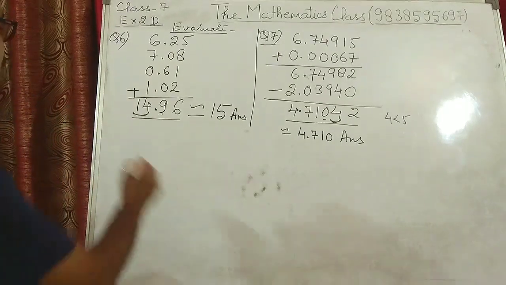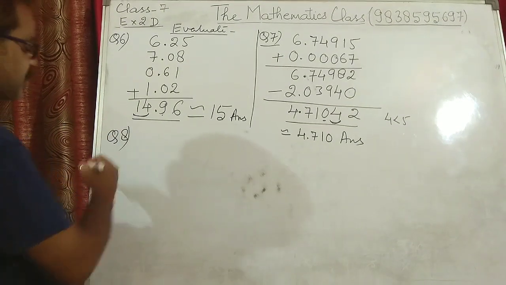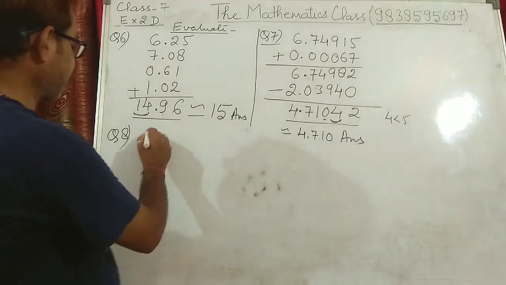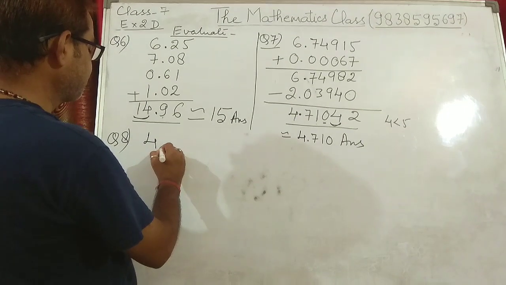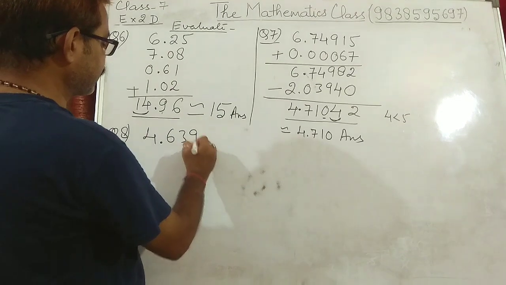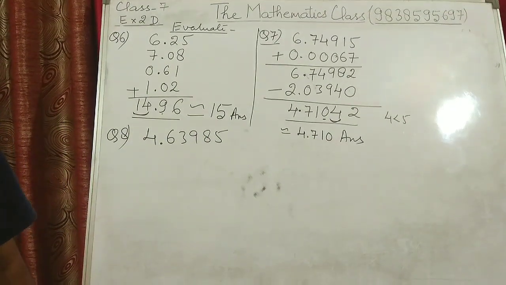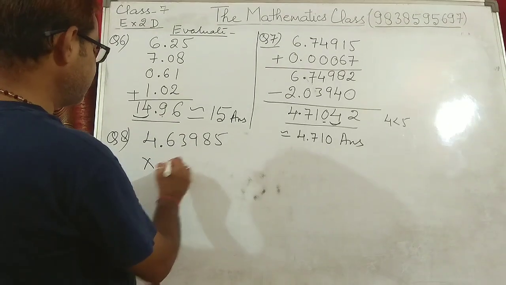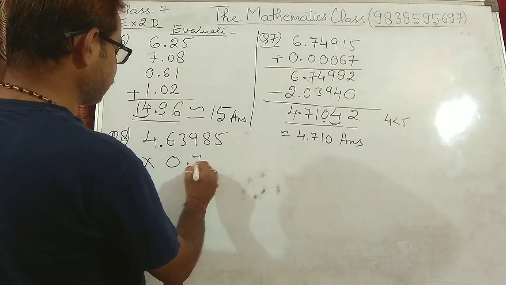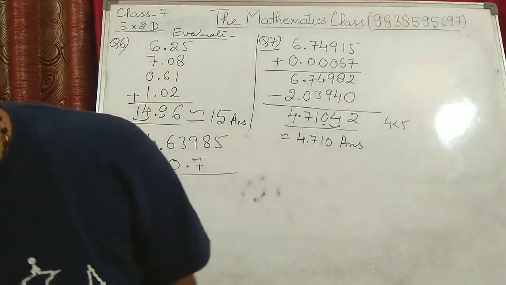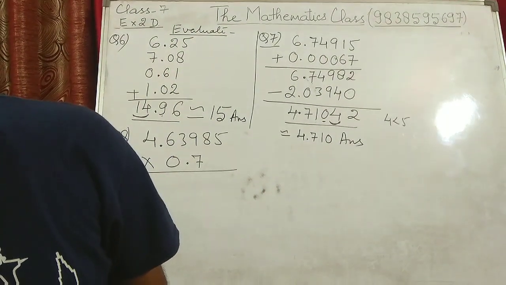Now let's do question number 8. In question number 8, it is 4.63985 multiplied by 0.7, and you have to write it correct up to 3 decimal places.